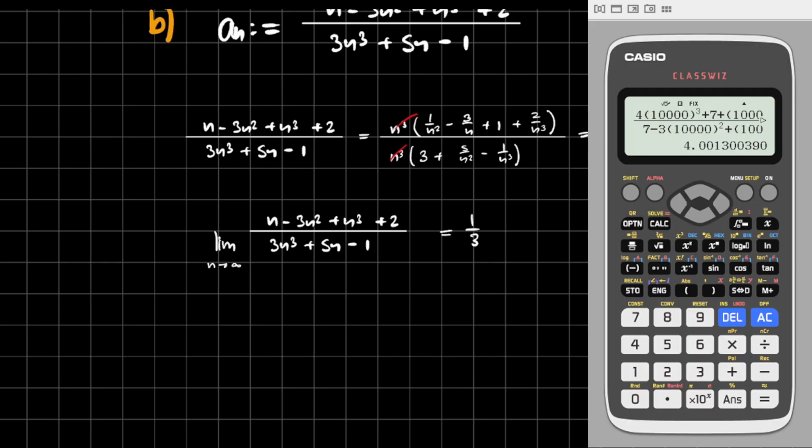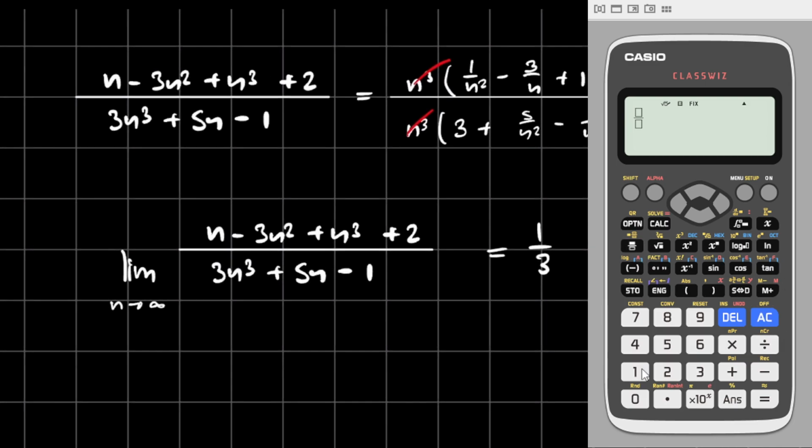We're going to have a fraction: 10,000 minus 3 times 10,000 squared plus 10,000 cubed plus 2, over 3 times 10,000 cubed minus 5 times 10,000 minus 1. As you can see, this is going to be 1/3.